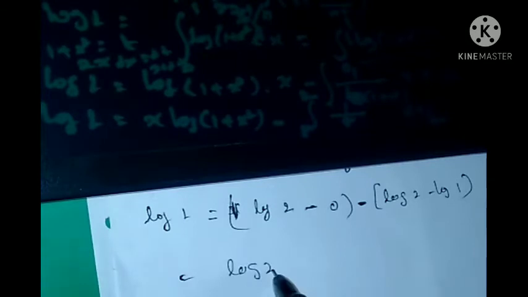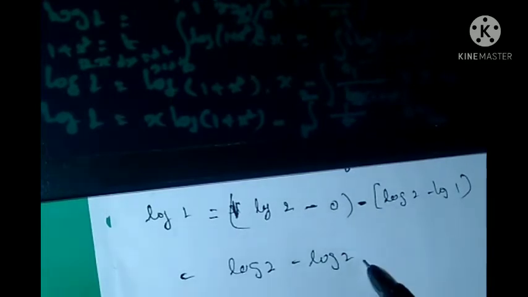Minus into minus becomes plus, and log 1 value is already 0. Log 2 gets cancelled, we get 0.